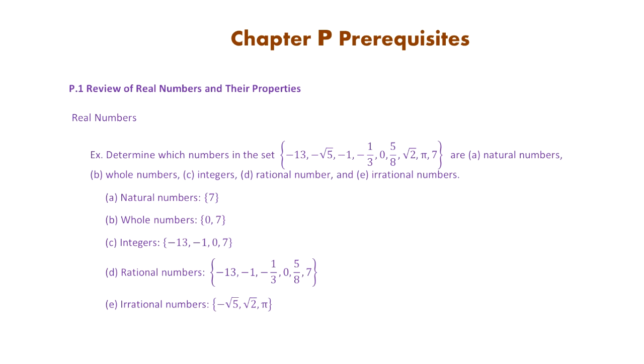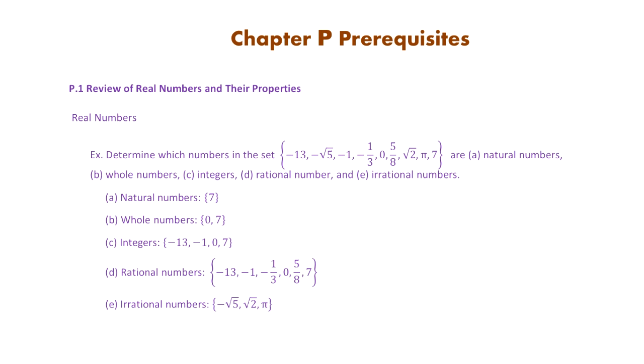By definition, a natural number is a positive integer. So it has to be positive. It cannot be 0. And it has to be an integer. So the only number is 7. All the others are either negative or fractions or radicals, or pi, which is an irrational number.